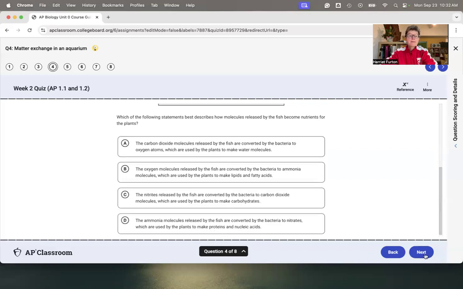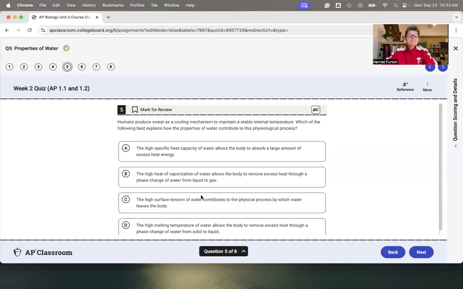Number 5, human-produced sweat as a cooling mechanism to maintain a stable internal temperature. Which of the following best explains the properties of water that contribute to this physiological process? This would be for your note-taking, section number 5.